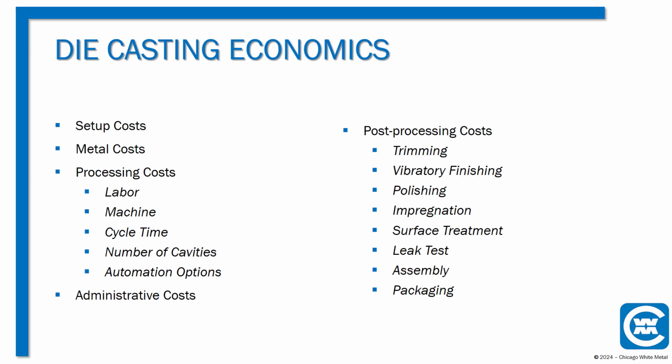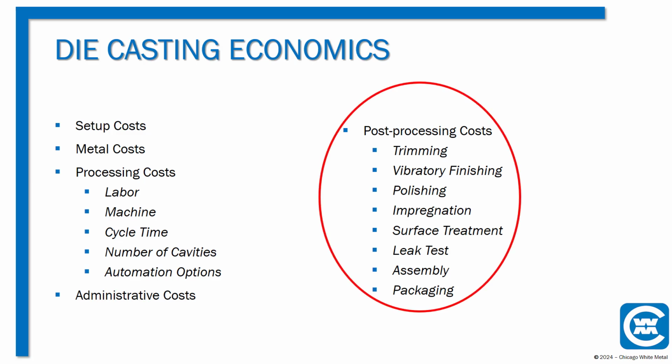Administration costs obviously go into it. And then a bigger factor that a lot of times people don't consider as being a big impact on the part pricing is what happens after the part gets cast. I've mentioned a few times, and I'll continue to, as much as we can minimize what happens to the part after it leaves the die cast tool, that obviously makes your product much more economical.